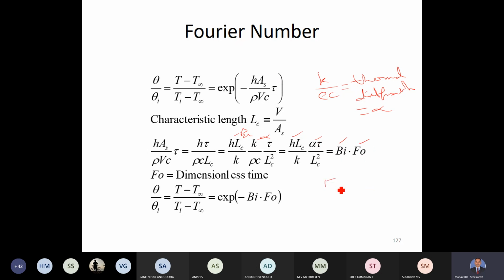So the Fourier number is actually alpha t by LC square. So the Fourier number contains the thermal diffusivity, the time, and also the characteristic length. Therefore, this Fourier number is also called a non-dimensionalized time.